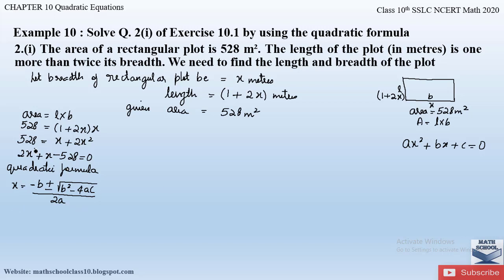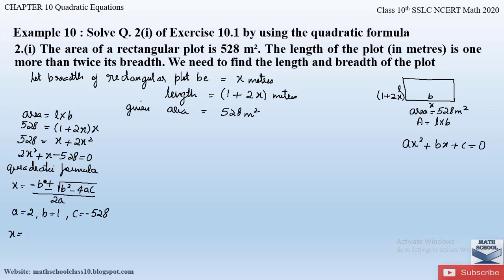The coefficient of x square is a, that is equal to 2. The coefficient of x is b, that is nothing but 1. Constant c is minus 528. Comparing the standard form of the quadratic equation with the obtained quadratic equation, we get the a, b and c values. Now let us substitute these values in the formula.